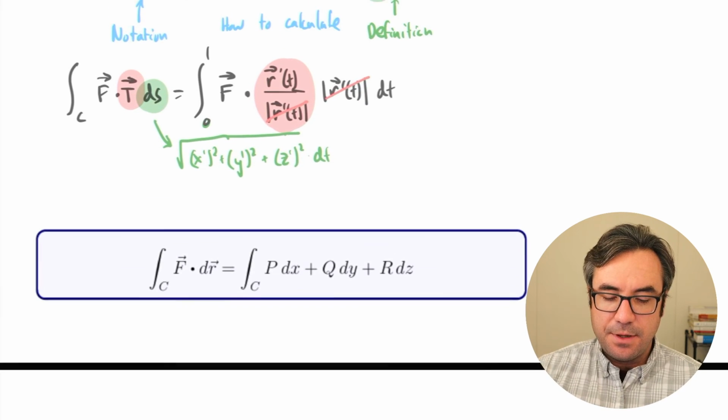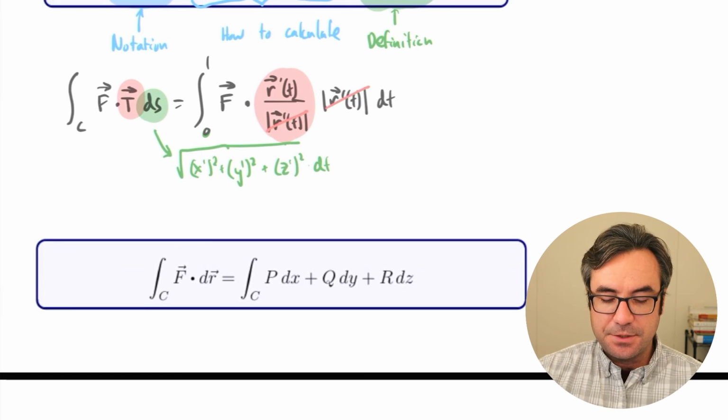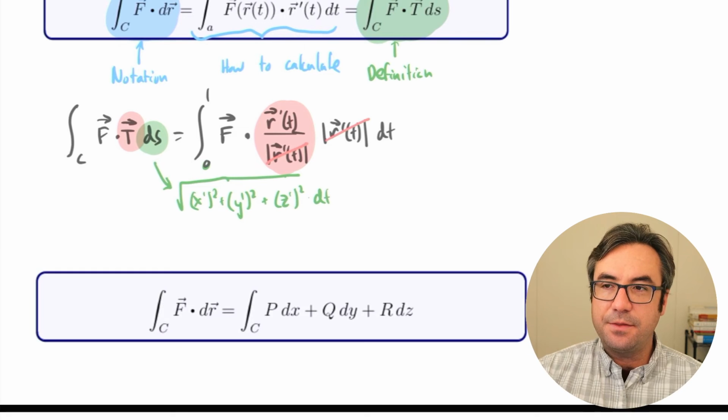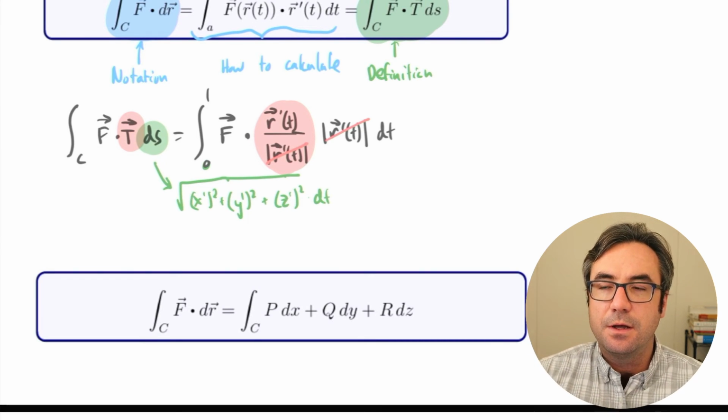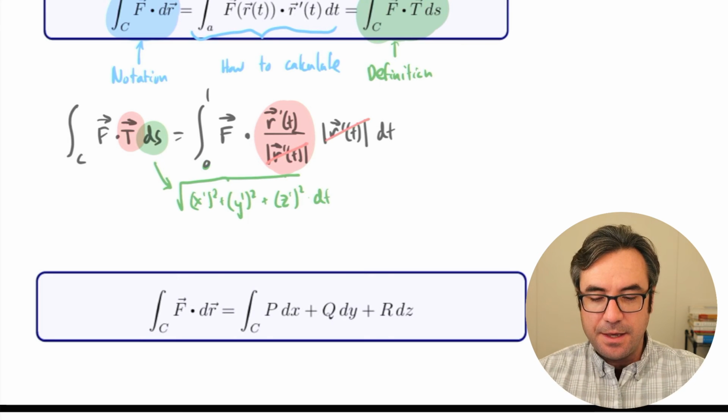Well, if we work out the dot product, it turns out that there's another way we can think of how to calculate the line integral of a vector field.